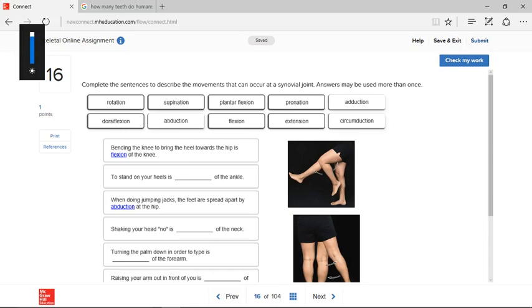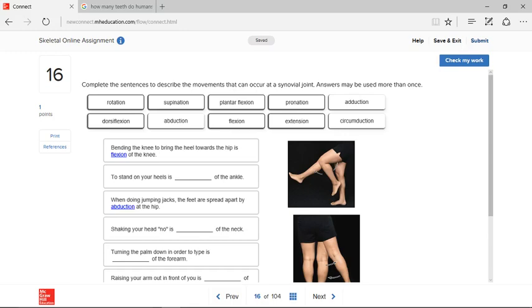And shaking your head no is blank of the neck. What kind of movement would that be? If we were to shake our head no, that would be, gosh, they really made it hard on us on this one.